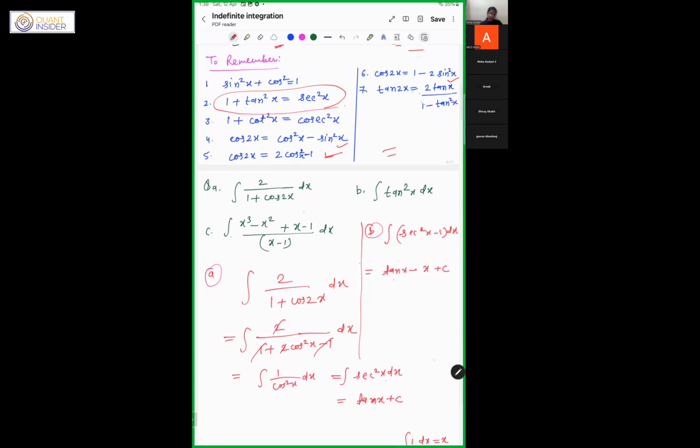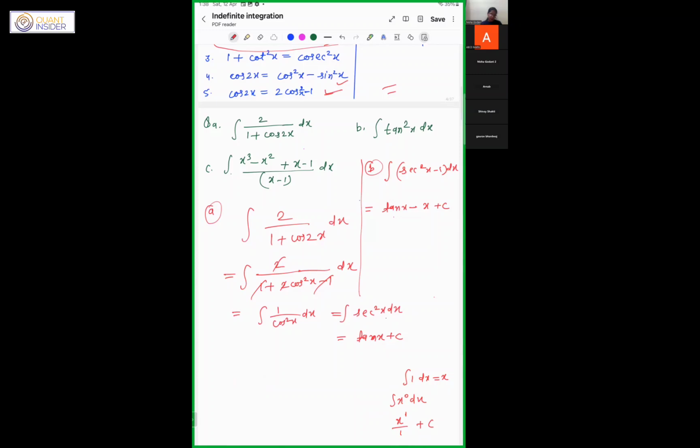Then the c part. What happens in the c part? How can you write it? x cube. You can take x square common from these first two terms, so you are left with x minus 1 in the bracket. Then 1 as common. Okay, so you have x minus 1. You can write like this.